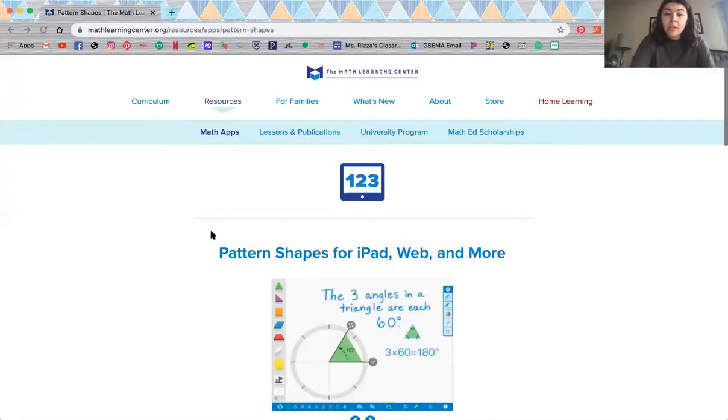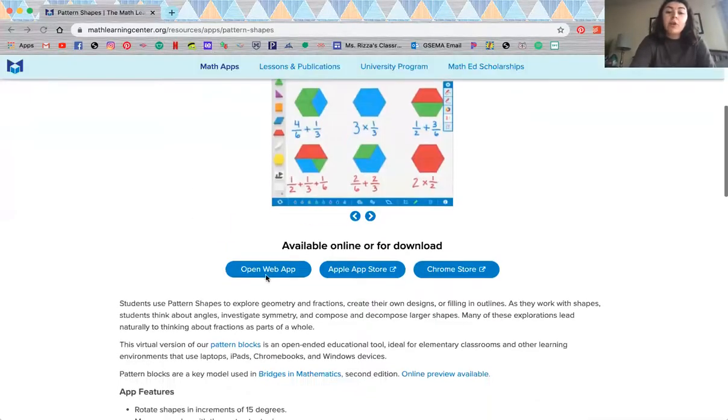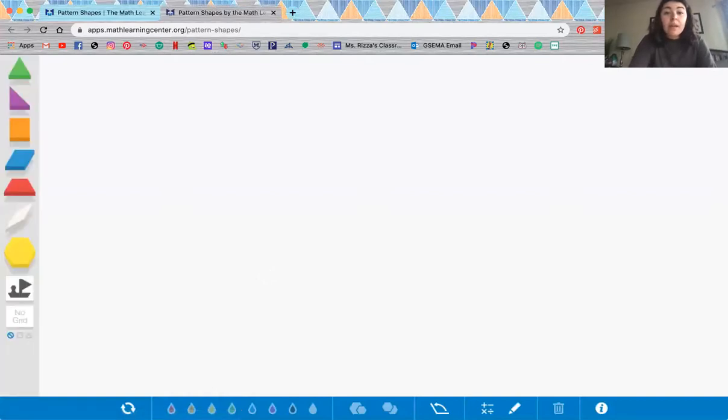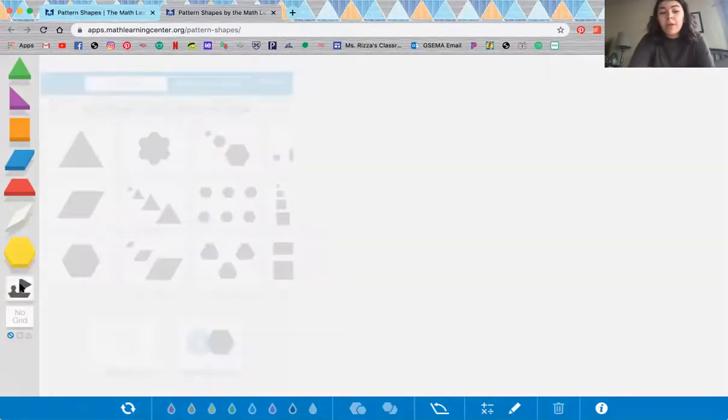So to do this, we are going to go to our pattern block website. So I have that here. Remember, you're going to open the web app unless you downloaded the app yesterday. So just like yesterday, I am going to come over here and I'm going to click my shapes.